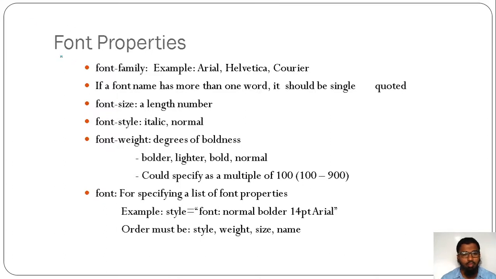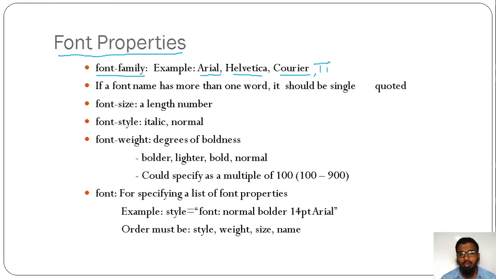So the first one is the font property. What does font property mean? Like font family. Font is nothing but whatever you are writing, this is called font. And in font family, for example, Arial is the name of a font. This is also a name of a font, and Courier is also one of the font families.